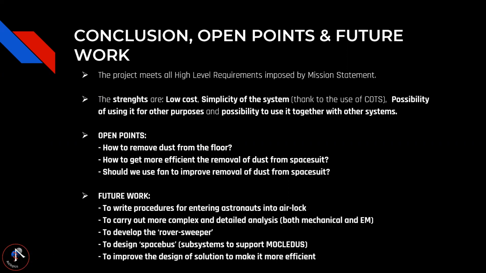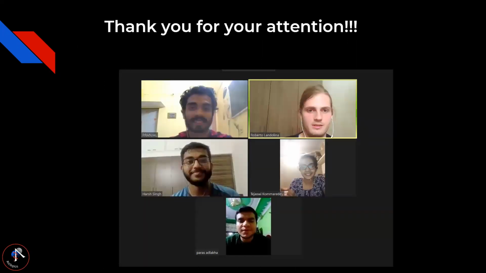We also have to design the space bus, which is the subsystem to support our system, for example the EPS, electrical power system, or other control systems. And of course, we can also write the procedure for the astronauts who enter our habitat, and that's all. You can go on, and here you can see all the team. Thank you.